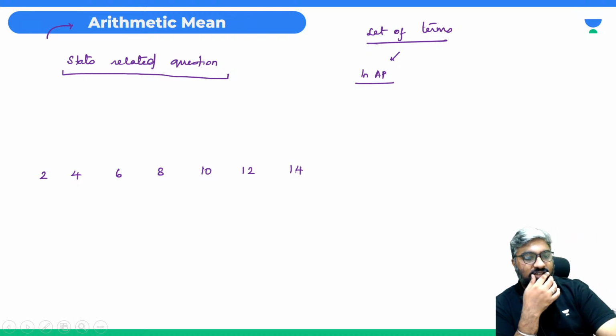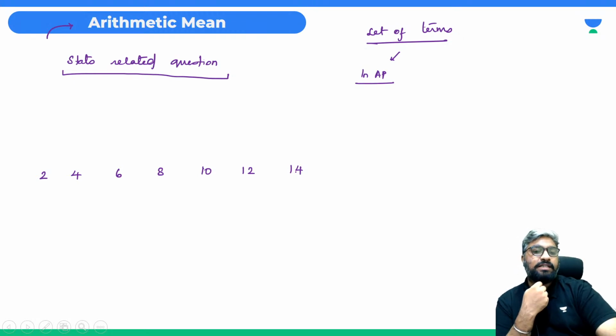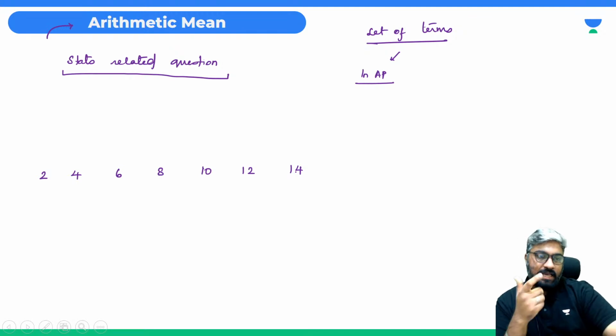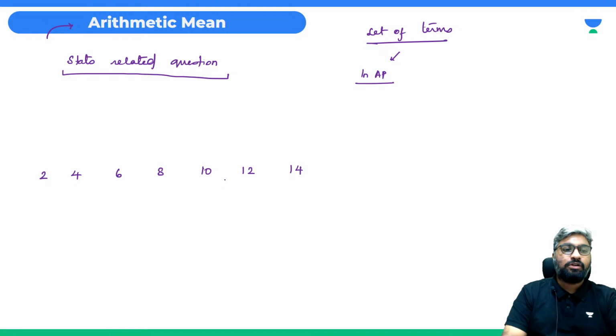These terms are in AP, so what will the average be? Anybody? Eight. Yes.